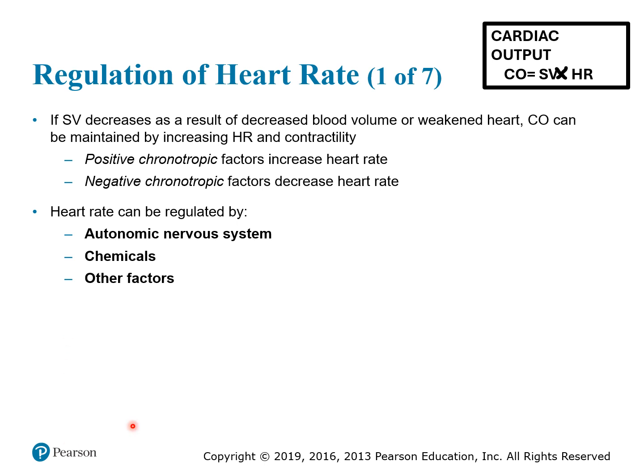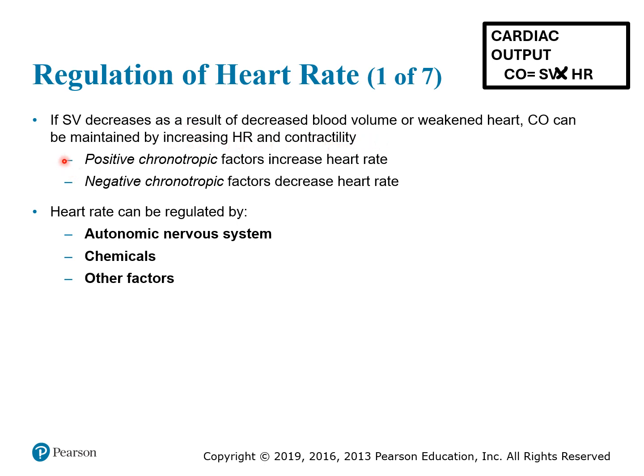We have gone over the factors which affect the stroke volume. Now let's see what the factors are which can affect the heart rate. Because cardiac output depends on both stroke volume and the heart rate. So if stroke volume decreases as a result of decreased blood volume or weakened heart, cardiac output can be maintained by increasing the heart rate and contractility.